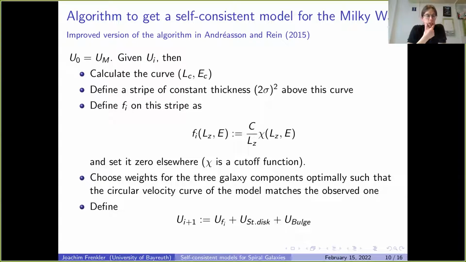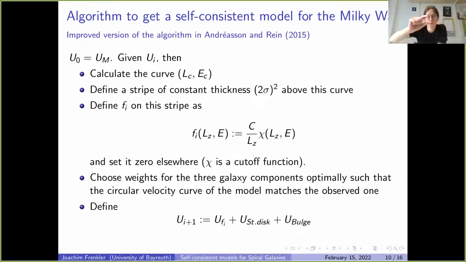So how does the algorithm look? We start with a potential U0, the potential of the Mestel disk, and we assume that we have some given potential UE. Then we calculate for this potential the curve of angular momentum and energy on circular orbits. We then define a stripe of constant thickness 2 times sigma squared above this curve.